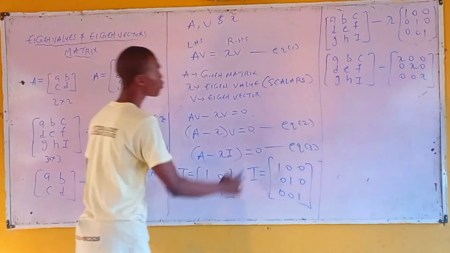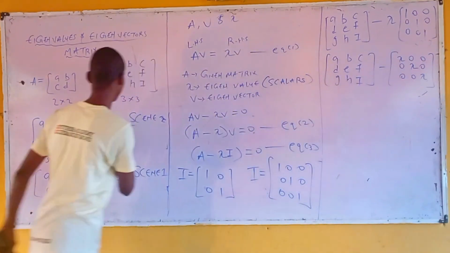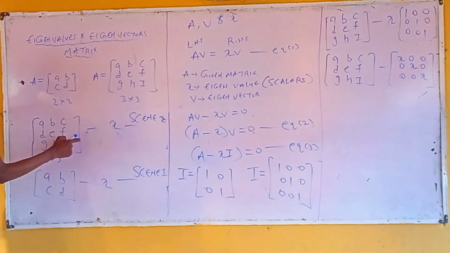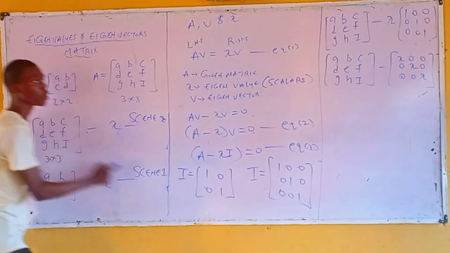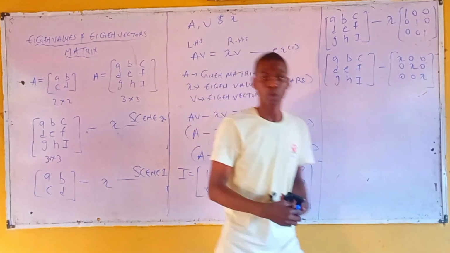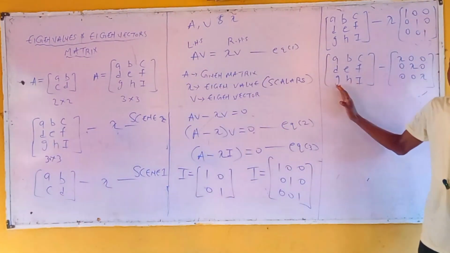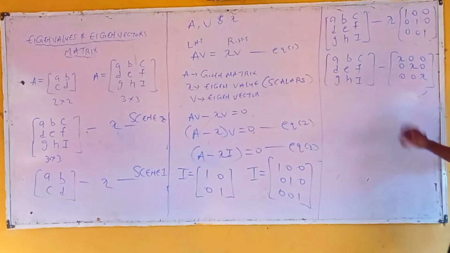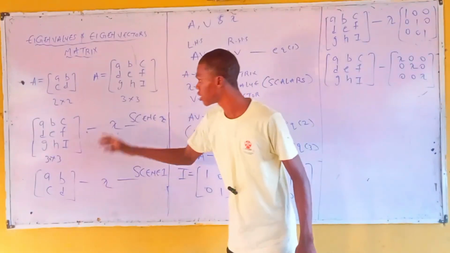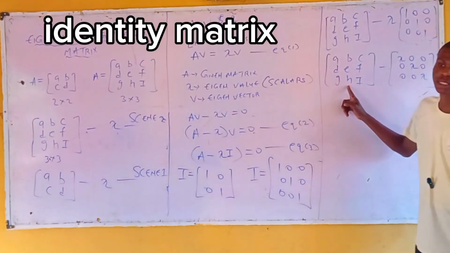Now, what led us to this is from scene 2. Now, from scene 2, the question is, is it possible to subtract something of this nature? No. Check this here. Is it possible to subtract? Why? Because we now have a 3 by 3 matrix here and a 3 by 3 matrix here. So what we are saying in essence is that your first task, the given matrix, write it out. Right? Yes.